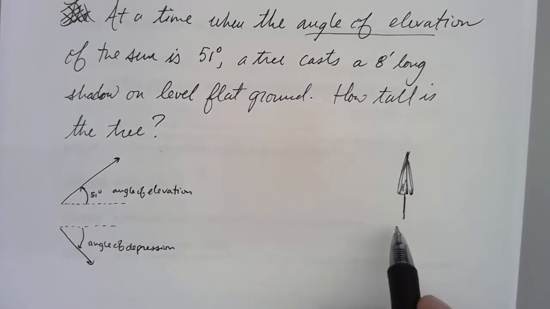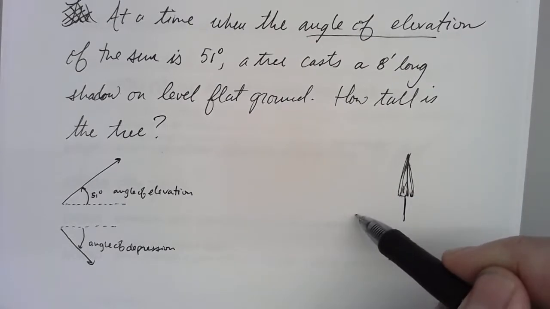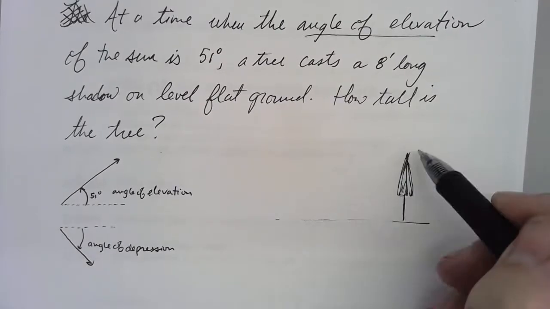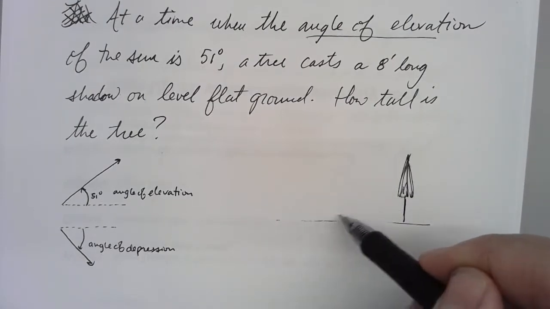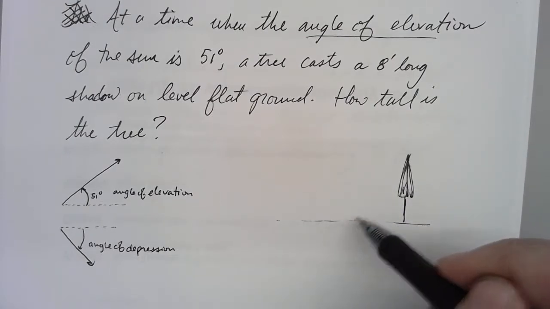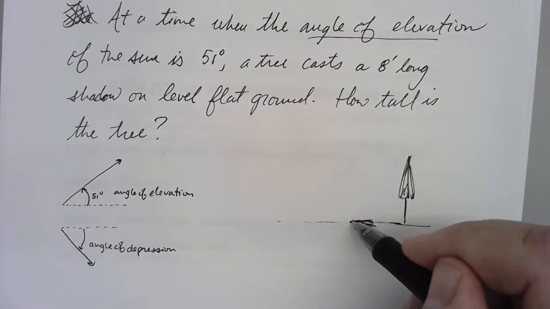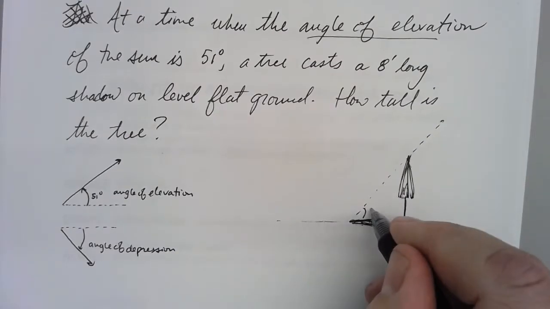And then we have the tree casting a shadow, and the angle of elevation of the sun. So here's my level flat ground. The angle of elevation of the sun, this angle here, is 51 degrees. That means if we imagine where the shadow ends, so maybe the shadow looks like this along the ground, the angle that we look up to the sun is 51 degrees.